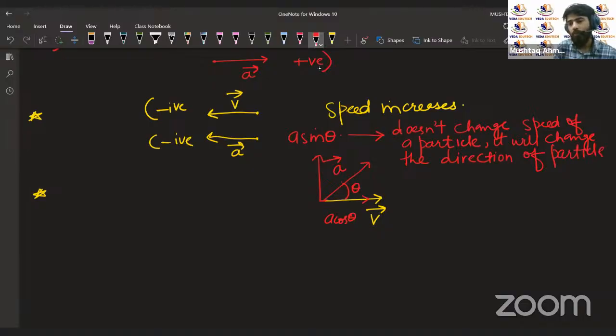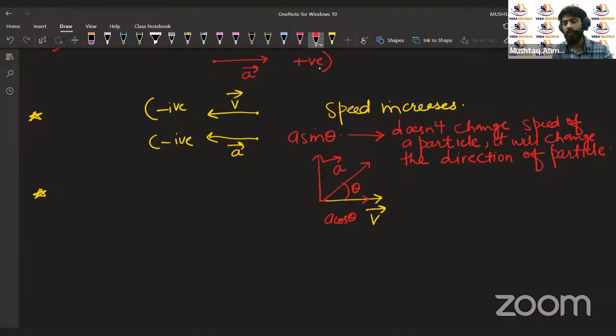So the normal, or perpendicular, component of acceleration will not change the speed of the particle. It's only going to change the direction of the particle. So in this case, a sine theta is only going to change the direction of the particle, and it will not change its speed.